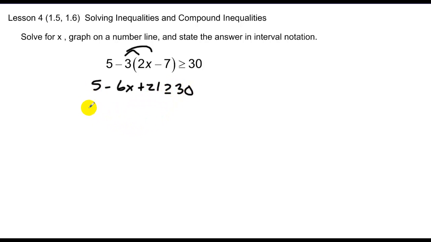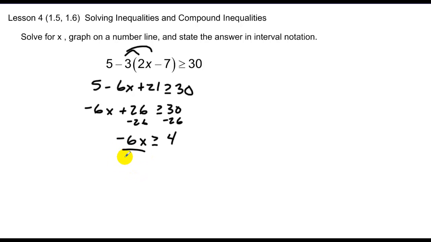Combine like terms, so I have negative 6x plus 26 greater than or equal to 30. Subtract 26 from both sides. No change, because I haven't multiplied or divided by a negative number, giving me negative 6x greater than or equal to 4.